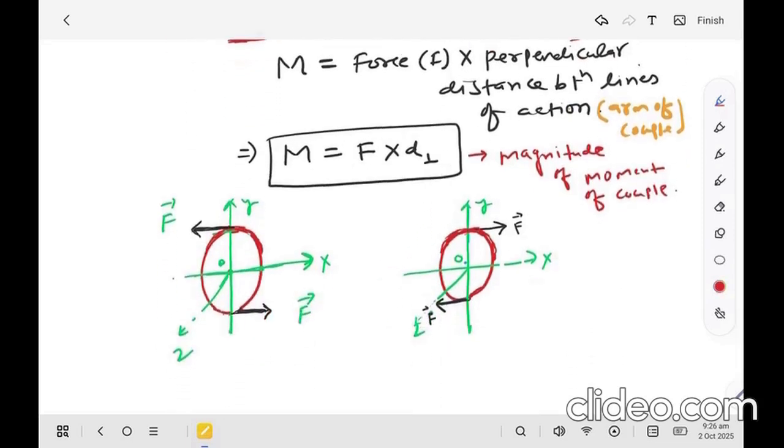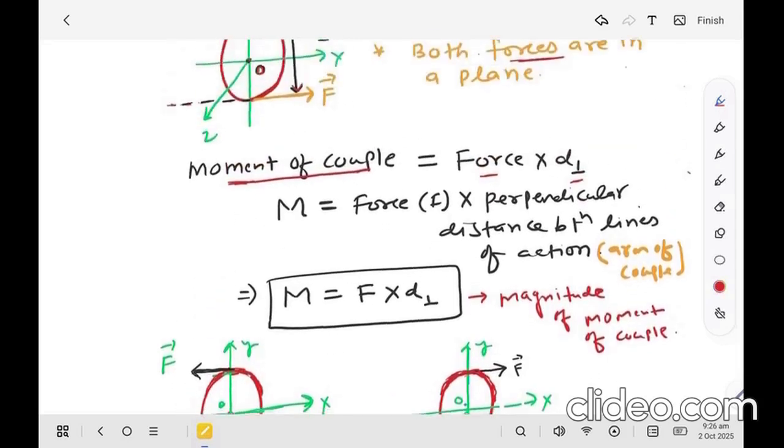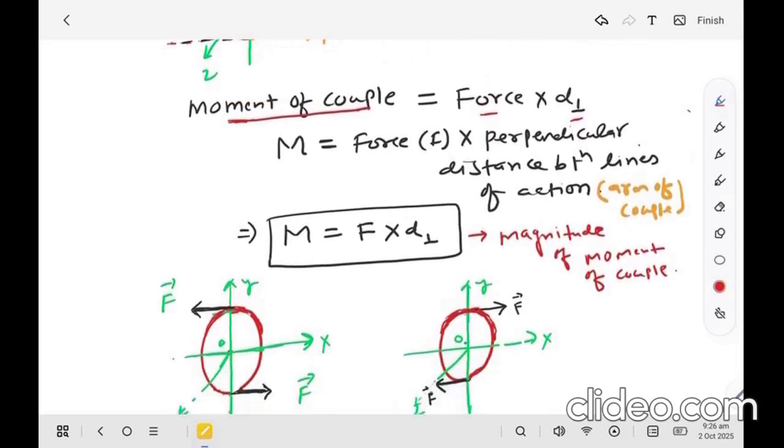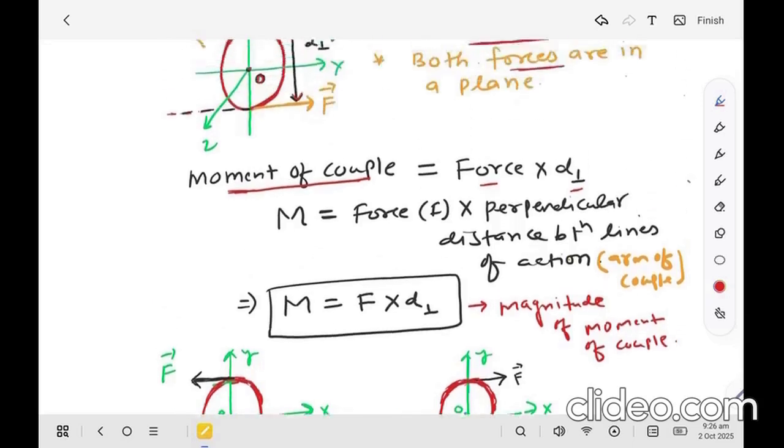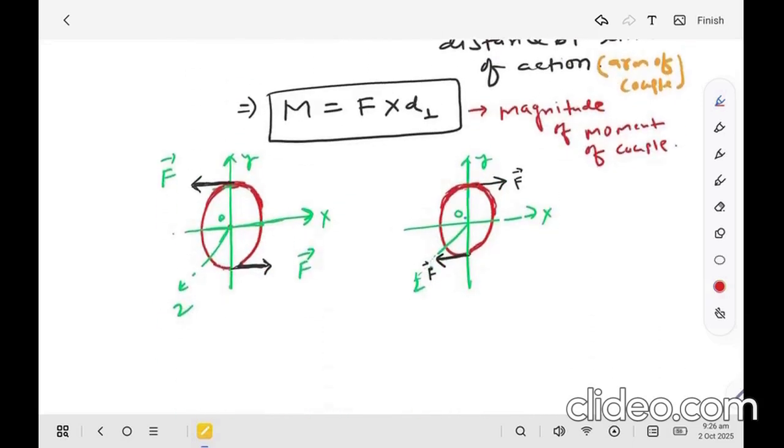Now similar to the moment of a force, the moment of a couple is also a vector quantity. It has magnitude as well as direction in a given plane. To understand the direction of the moment of a couple, we consider two cases here.